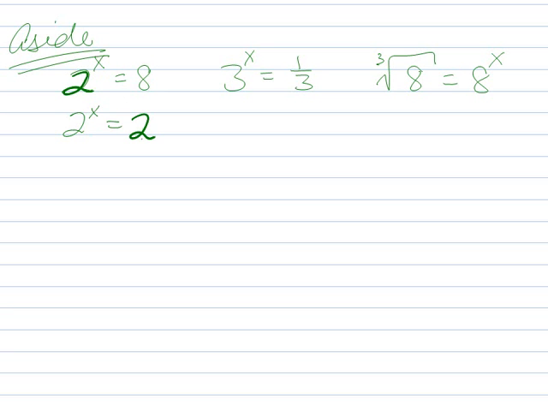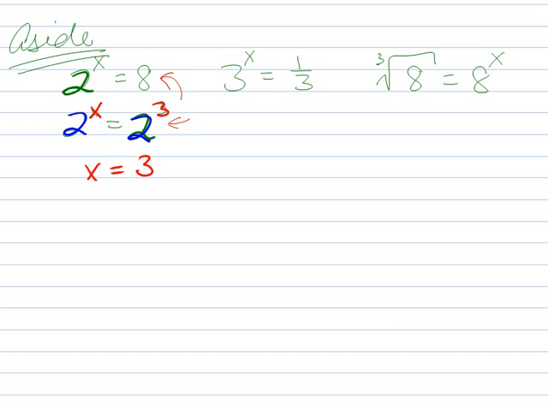So 2 to the what gives me 8? 3, right? So 2 to the 3 gives me 8. And that's focusing on this one. 2 to the 3 gives me that 8. Now that my bases are the same on both sides, I can equate the exponents and say x equals 3. So that's kind of like the long way to do it, but it's important to know, just in case you're running through a problem you can't solve by hand.